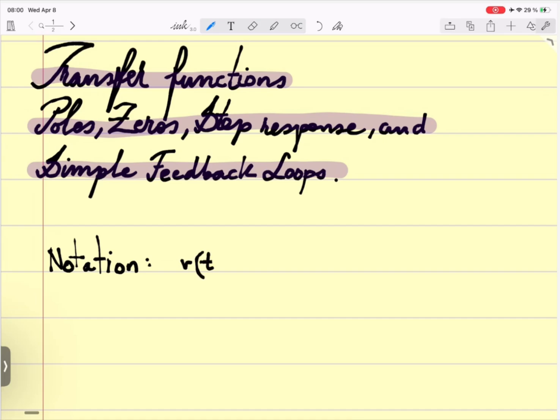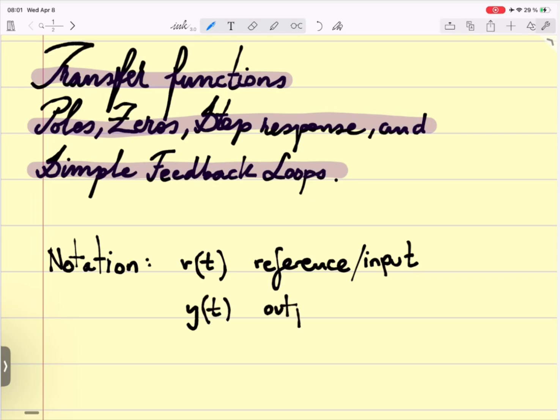We talk about R of t, like the reference function or input. It could be some demand, some changes in the inventory. We have I of t, which is the output function that we measure.